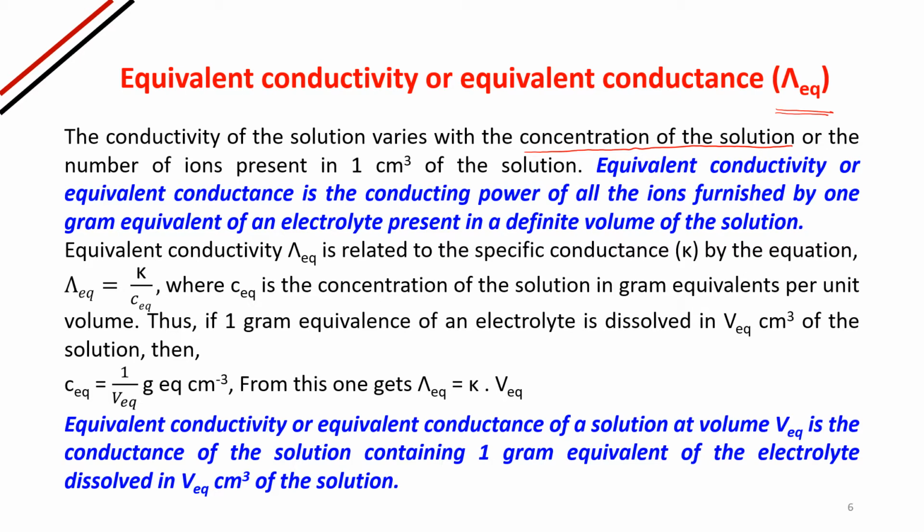If in a particular volume of the solution 1 gram equivalent of an electrolyte is present, the conducting power of the ions furnished by that 1 gram equivalent of electrolyte is known as equivalent conductivity or equivalent conductance. I think I am clear to you.